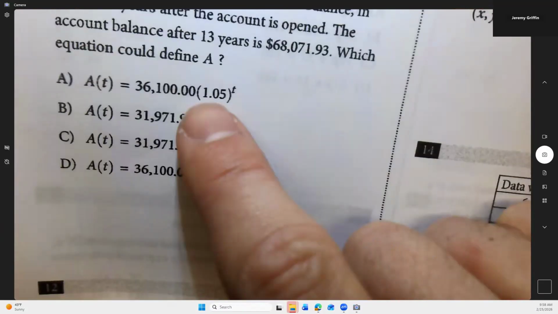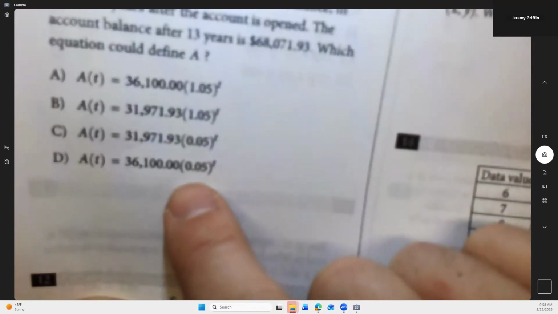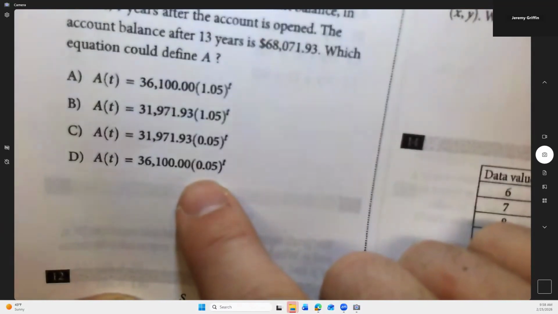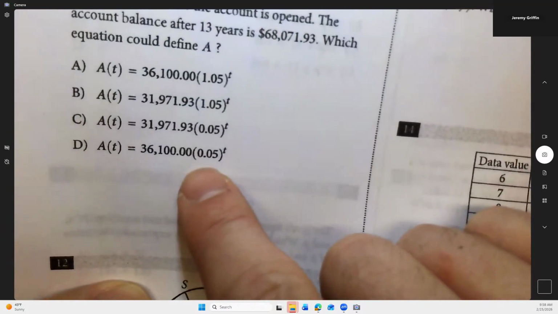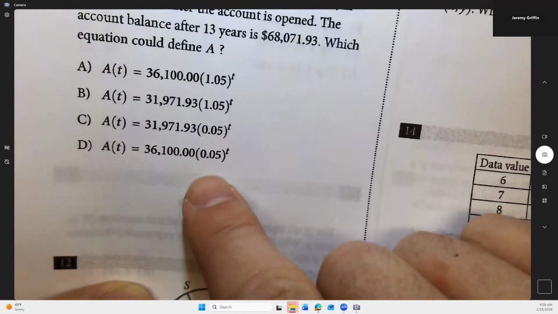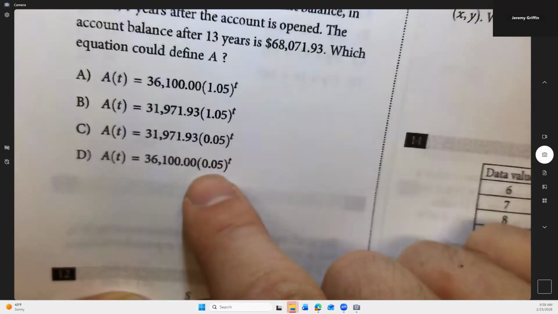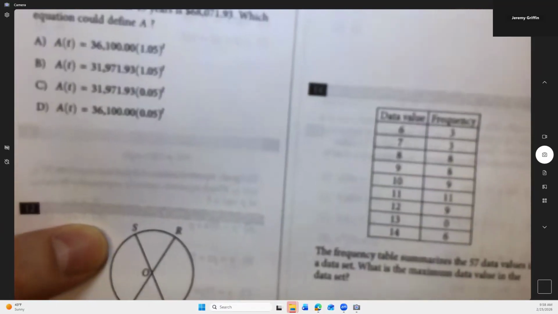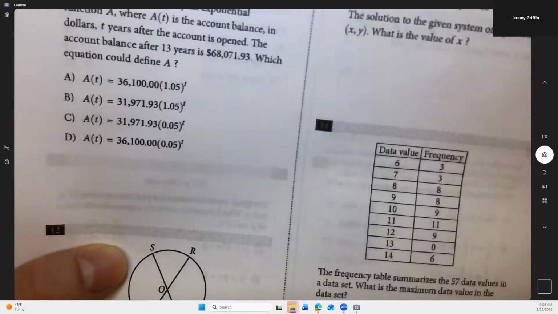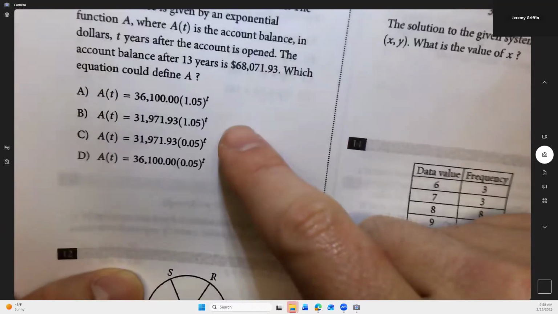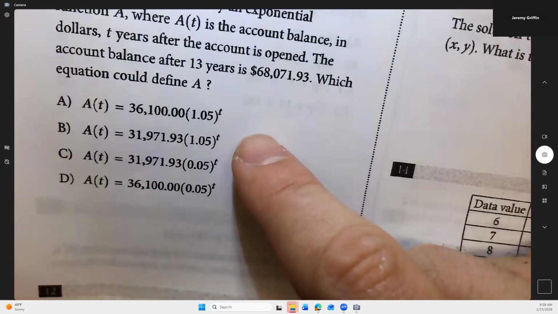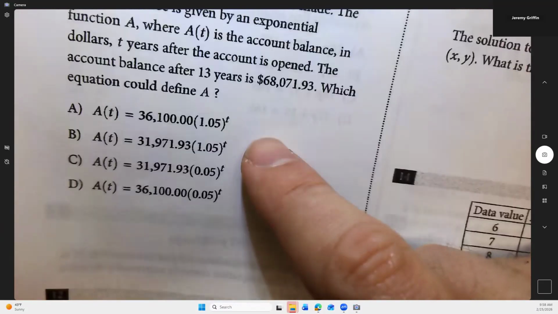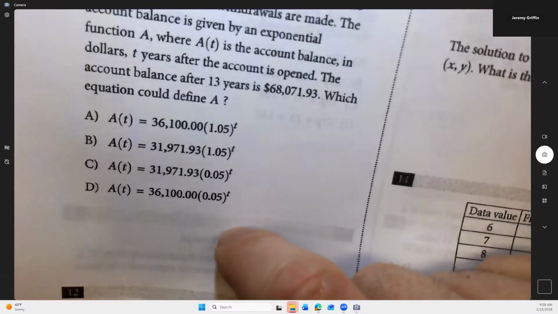No, just focus on this in the parentheses. 2 of these 4 possibilities are totally wrong. Guys, which 2, just based on what's in parentheses, can you immediately get rid of? C and D. Yeah. C and D. Guys, it's not 0.05. That means that at the end of every year, you have 5% of what you started with. That's not true at all. You want your money to grow, not shrink rapidly. Okay? So it's got to be either A or B. Now, looking at A and B, only one of these actually has the principal amount in the correct place. Which is that?